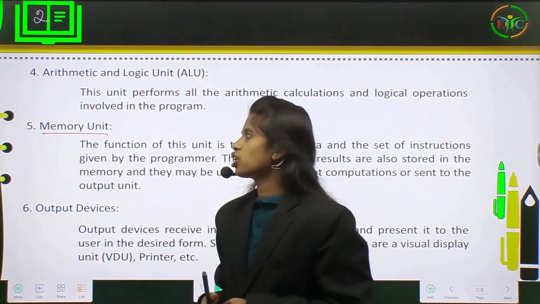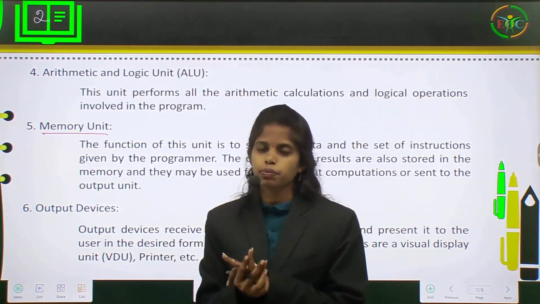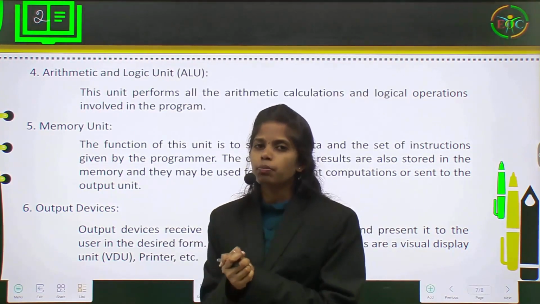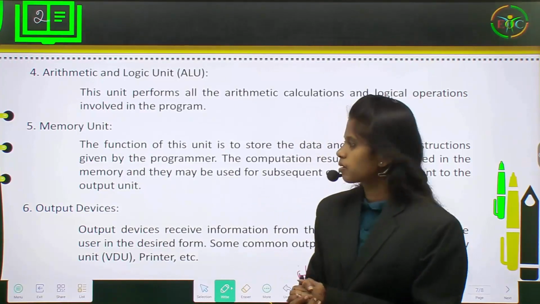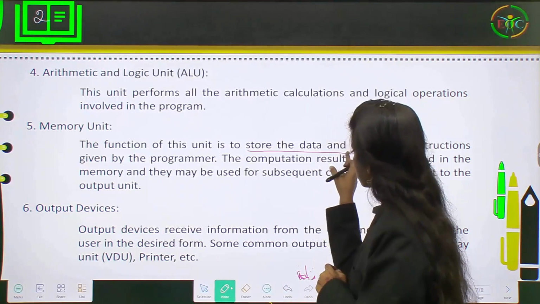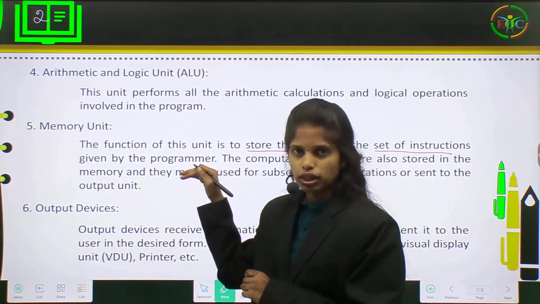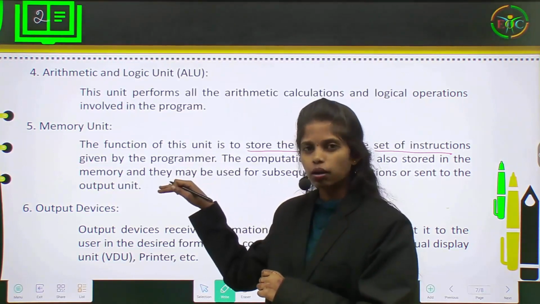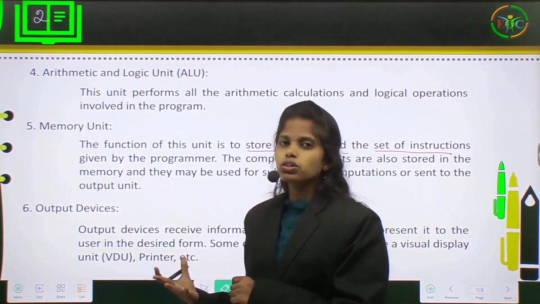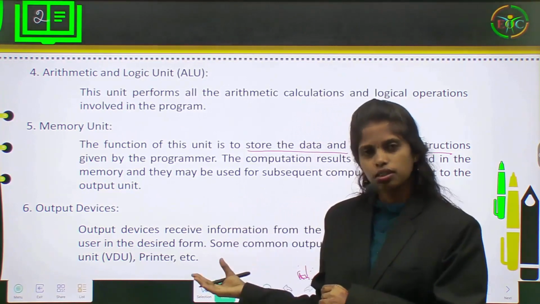And the next one is your memory unit. So what is the memory unit? A storage space where the instructions are stored and will be used by the CPU for processing. The function of this unit is to store the data and the set of instructions given by the program, that is, given by the programmer who is writing the program. Whatever instructions he gives, everything is put in the memory.